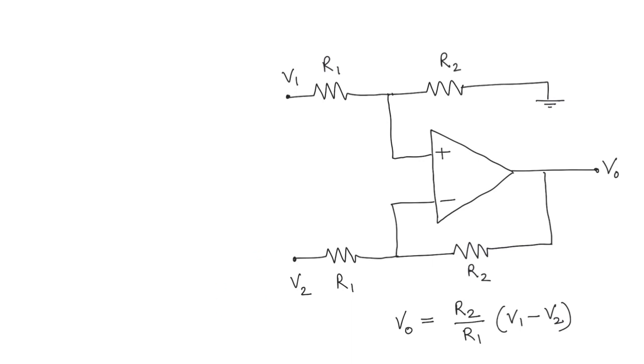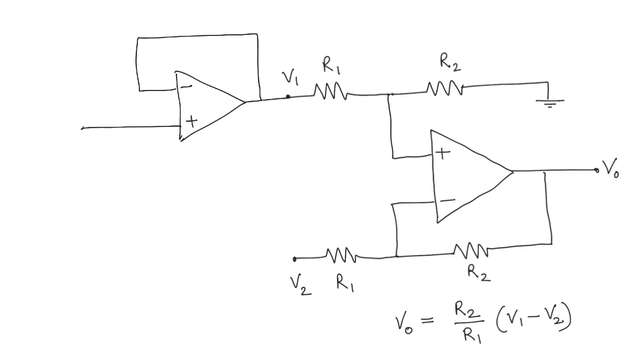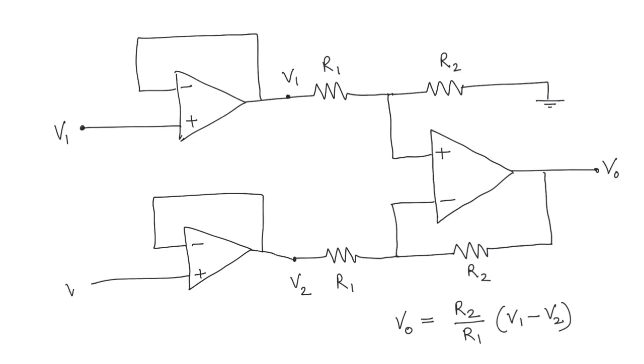So one solution to that would be to connect voltage buffers at both V1 and V2, right? We looked at that as well in a previous video. So let me just draw that. One solution would be to put a voltage buffer here and connect the source V1 here. And similarly, we can connect a voltage buffer here and connect V2 here.